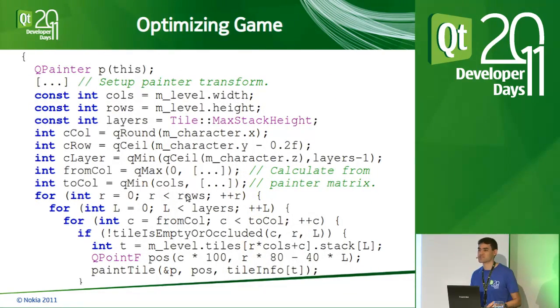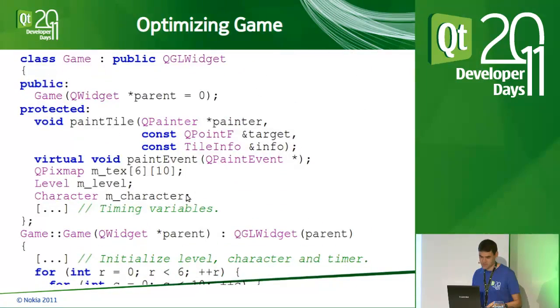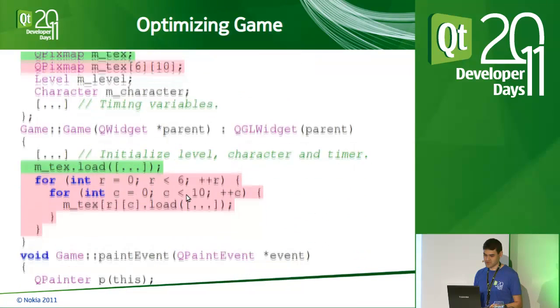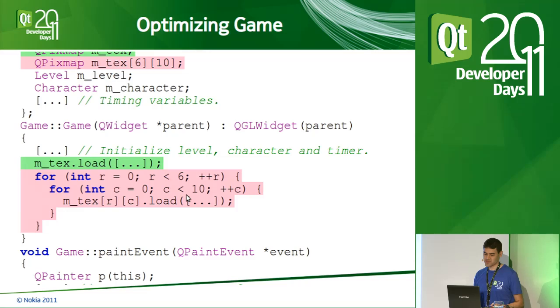Then we can use just one paint function instead of iterating through all the tiles and rendering them one by one. To enable that, we first have to use a texture atlas. So instead of using 60 pixmaps, we use one pixmap, and we load just that, and all the tiles are contained within that texture.